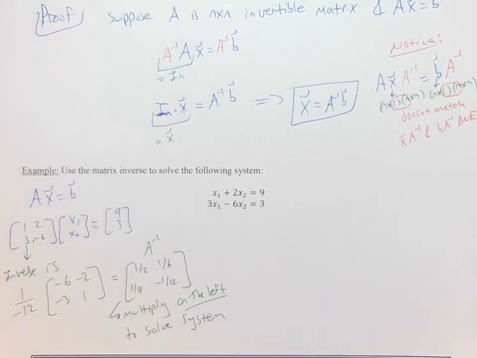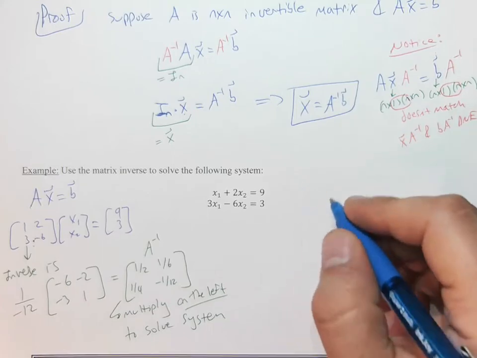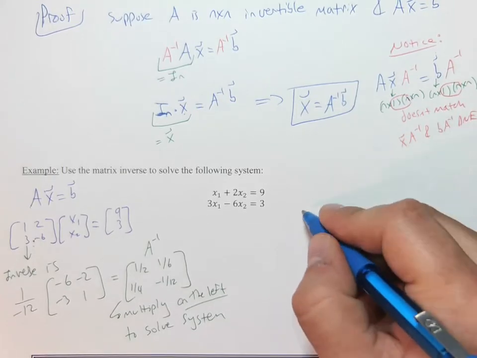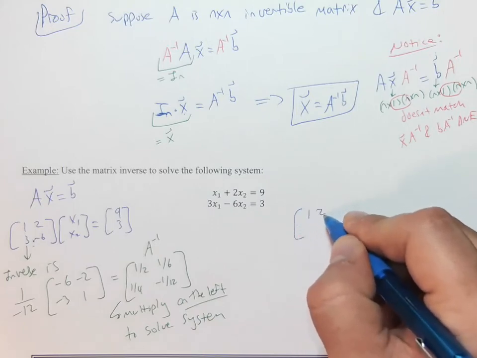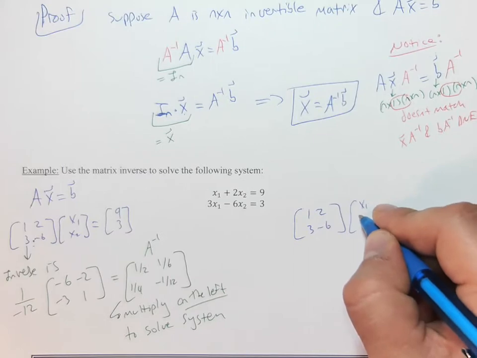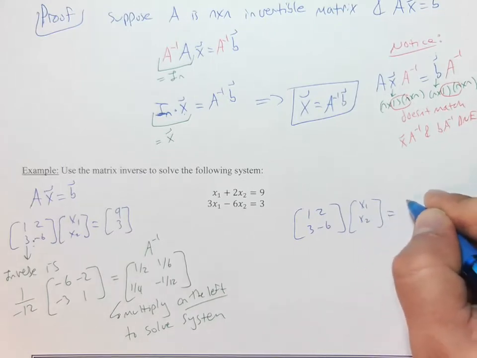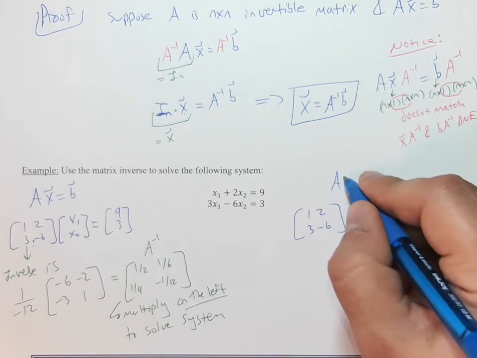And so let me do that. All right, so we have, let's see here. I'm going to rewrite this equation. So this is my Ax equals b again.